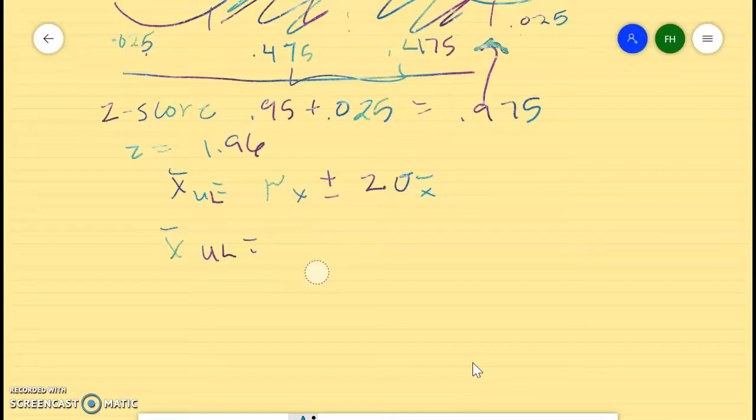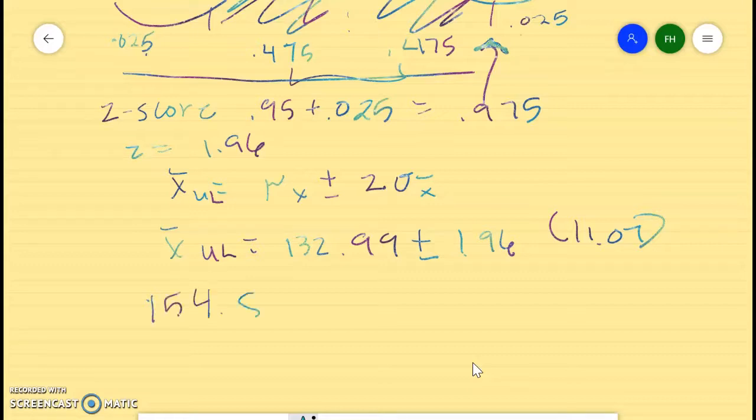So your mean that was given to you was 132.99, and we're going to do plus and minus 1.96 times 11.07. And when you do this for your upper and your lower limit, you're going to get your rounding.